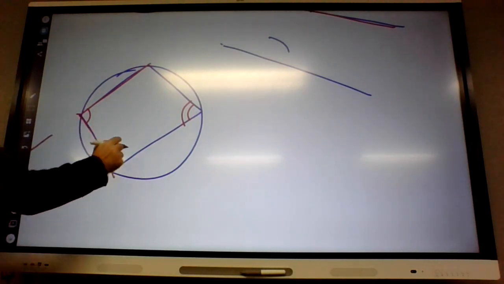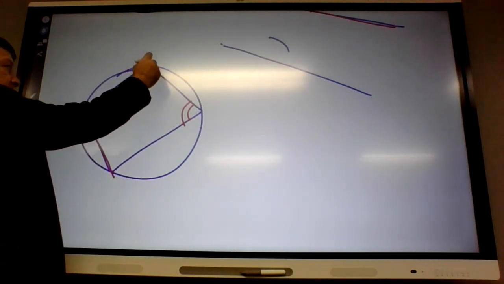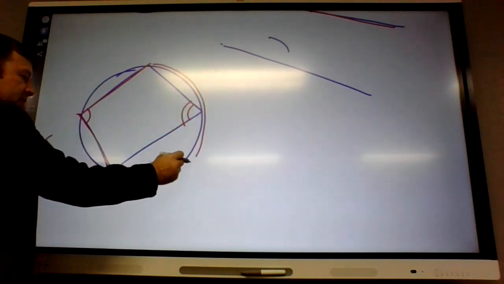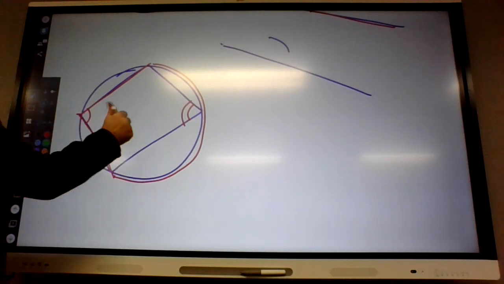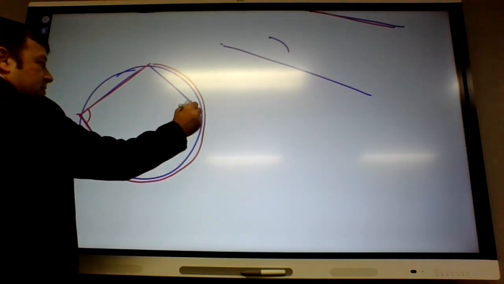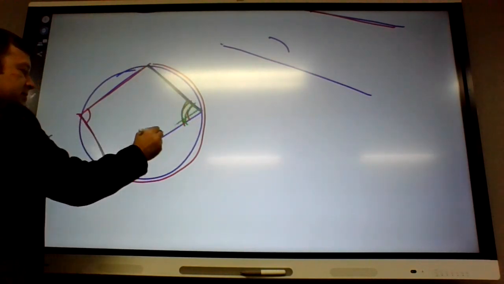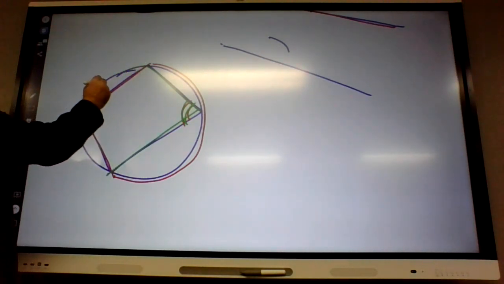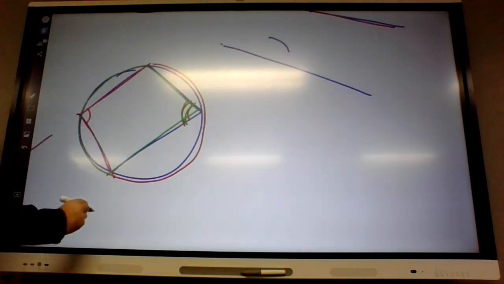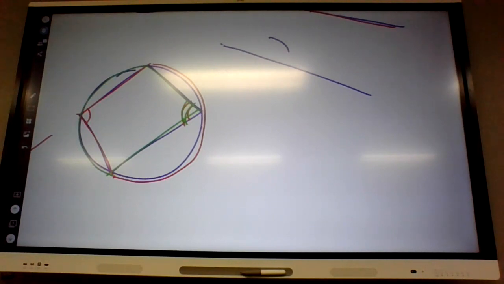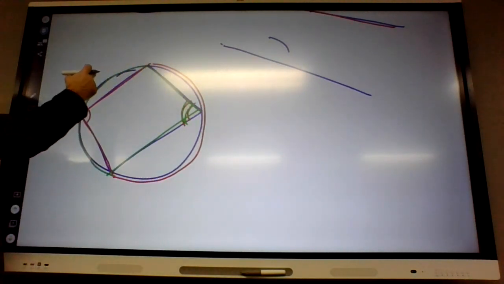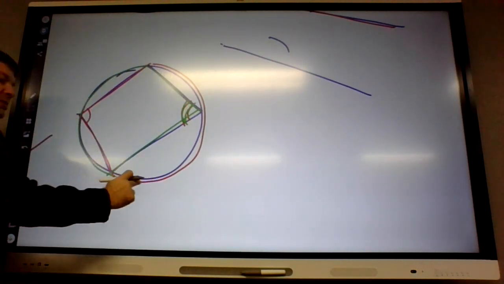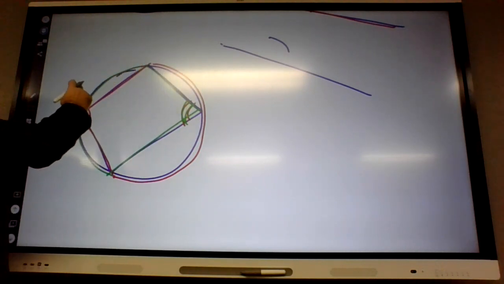So this angle intercepts this arc, right? And this angle intercepts this arc. This angle intercepts all the red, this angle intercepts all the green. So together, notice that makes the entire circle.